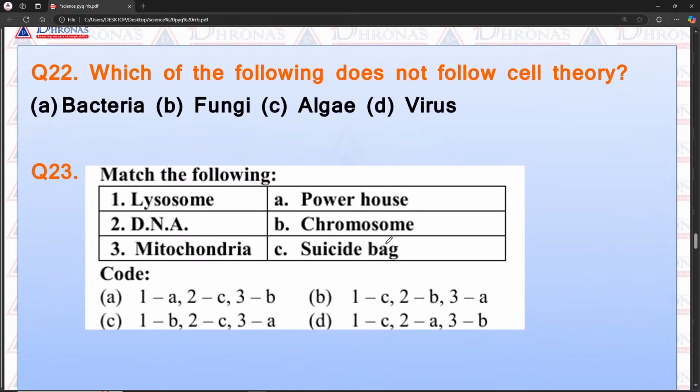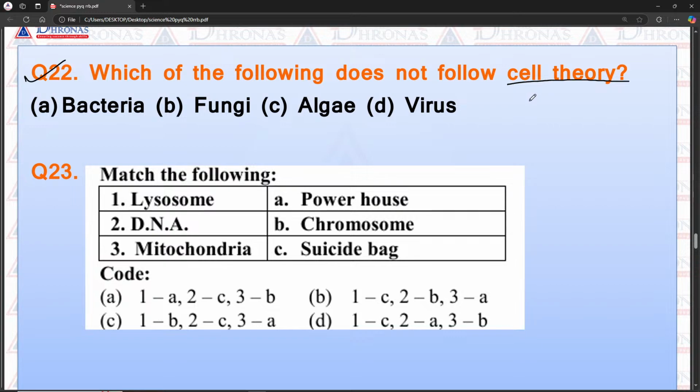Next one is question number 22. Which of the following does not follow cell theory? The cell theory was given by Matthias Schleiden, Theodor Schwann, and Rudolf Virchow. In this cell theory, it was told that the cell is the functional and structural unit of the living system, and it is the smallest unit.